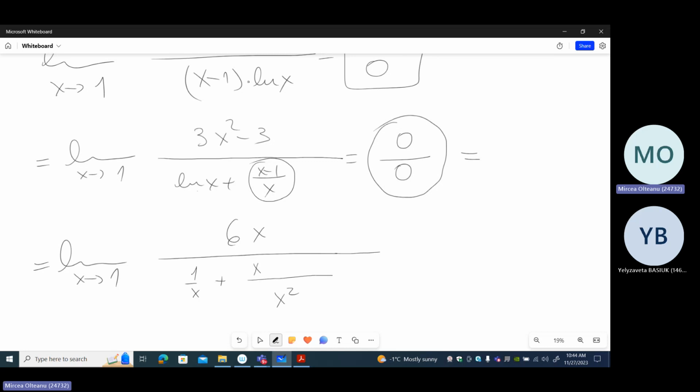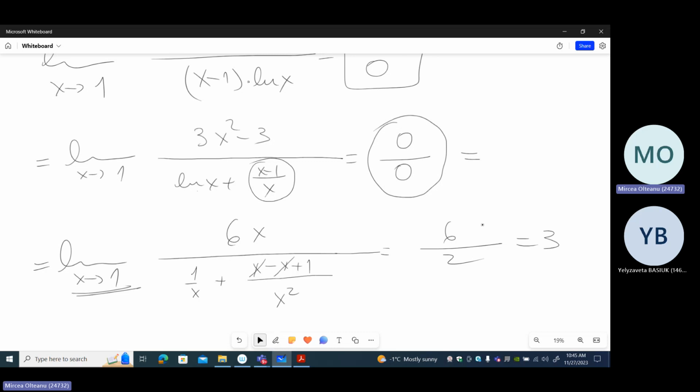Here it's x minus x plus 1. So this one is this one. And here we have a new limit. What we do when we have a new limit, replace x by 1 here, and we get 6 over 2. So the limit is 3.